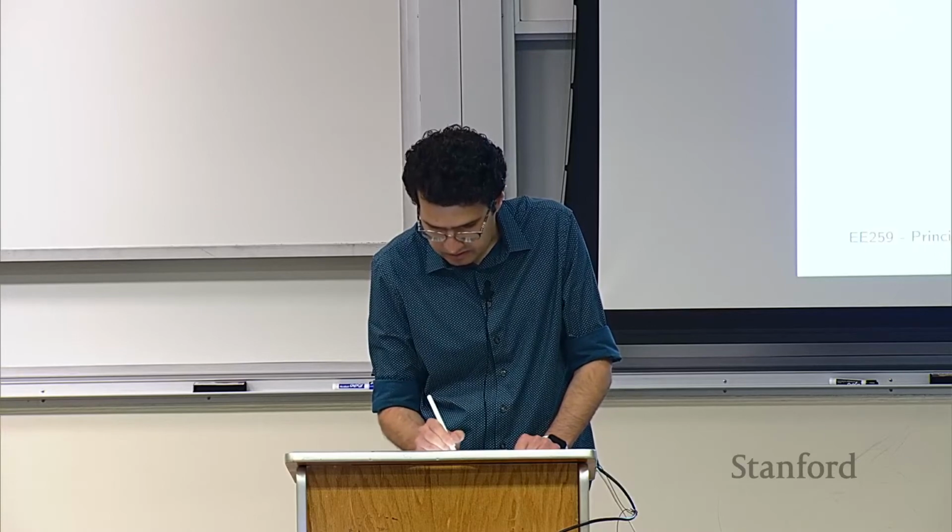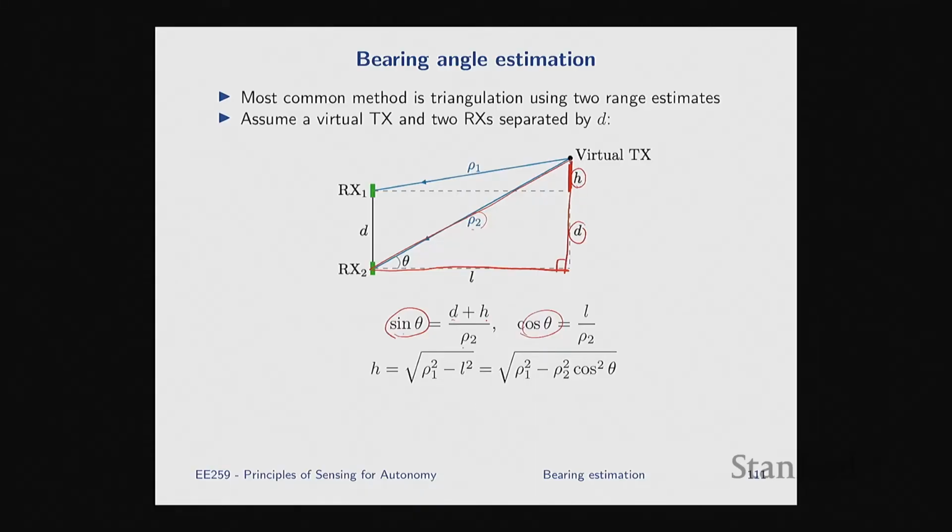the sine of the DOA is going to be given by (d plus h) over rho2. The d is the separation between the receivers. h is this additional piece here. It's a right triangle, right? So (d plus h) divided by rho2 is sine theta. Cosine theta is L over rho2, right?